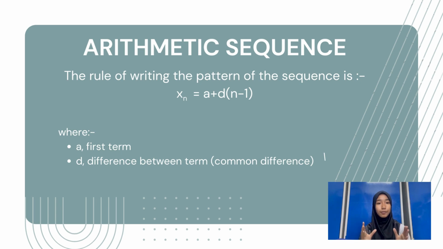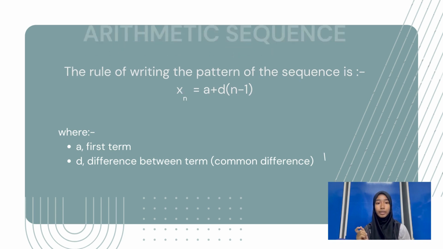Okay, that is the usual formula for arithmetic sequences. So we need to use that formula if we want to find what term is in the question. A is the first term and d is the difference between terms, which is the common difference.